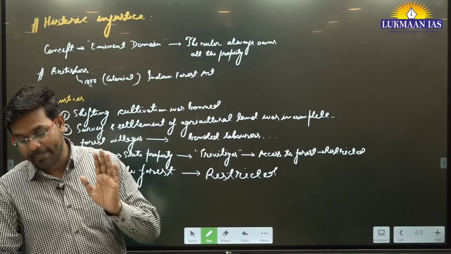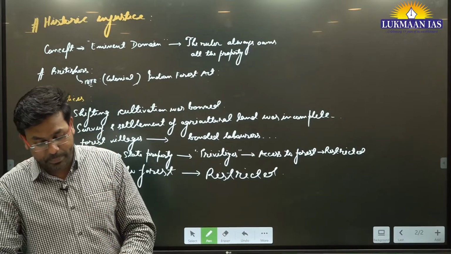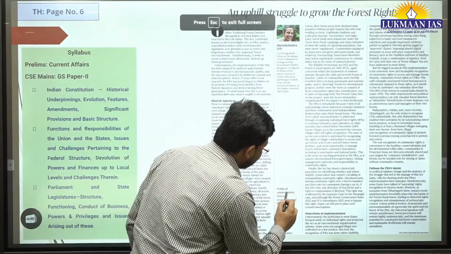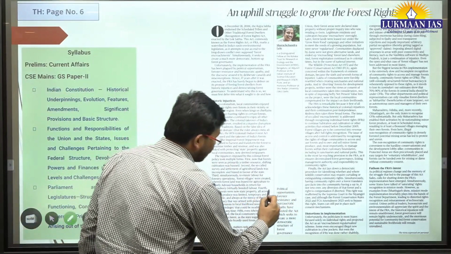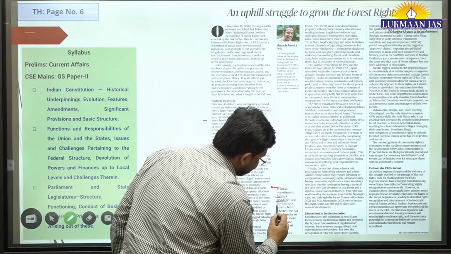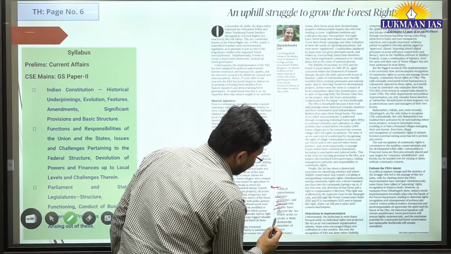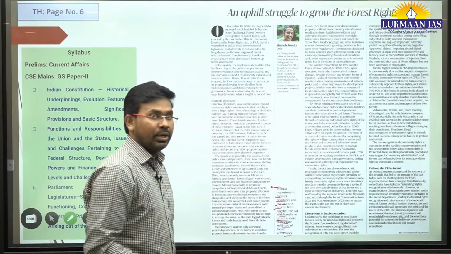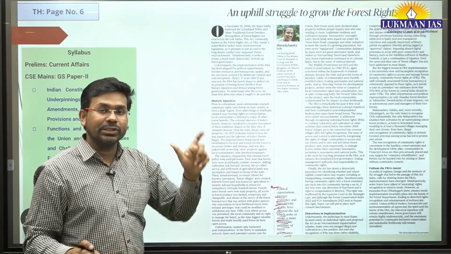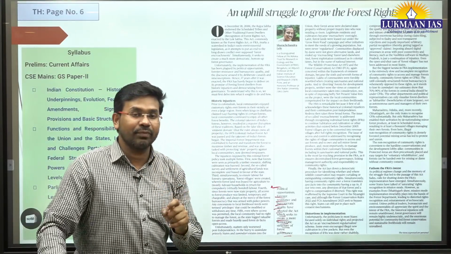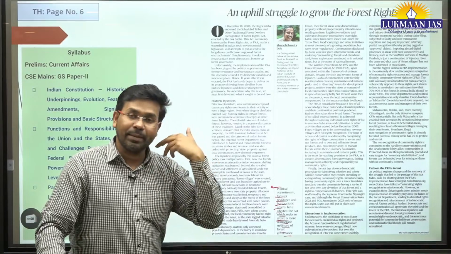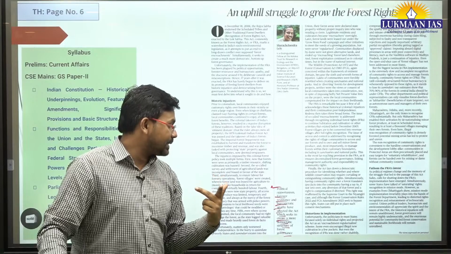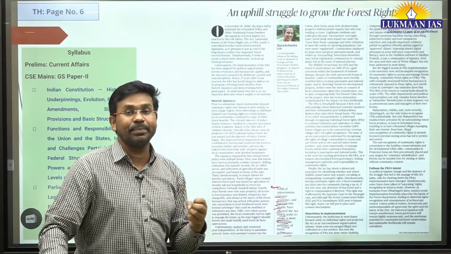In this article they have mentioned many things, so this is a very important article. Finally, the author says that political opportunism, forester resistance and bureaucratic apathy have affected the act, which seeks to create a more democratic structure of forest governance. However, there are many problems we are facing: political opportunism, forester resistance, and bureaucratic apathy.